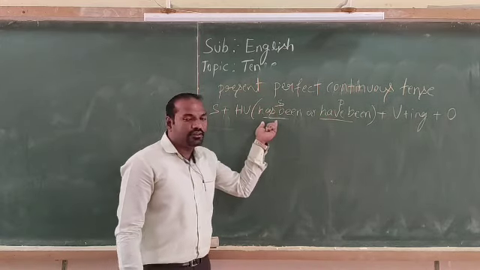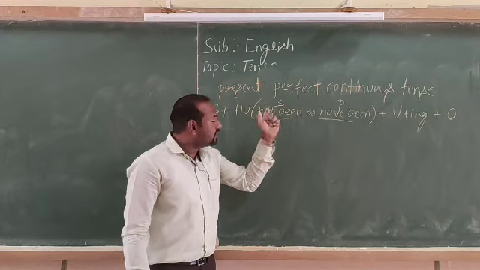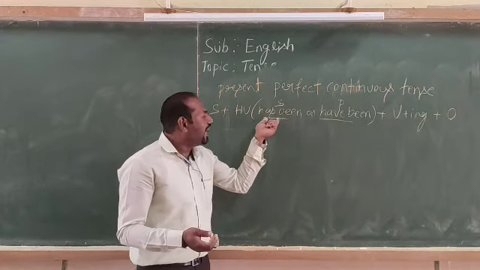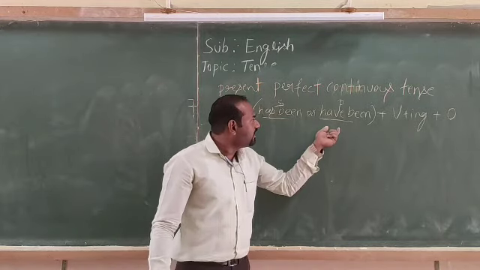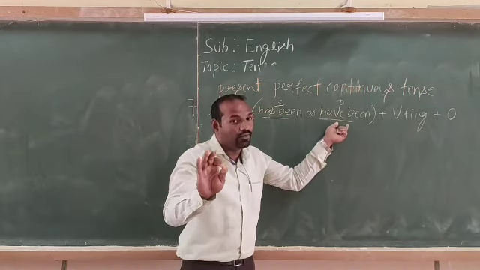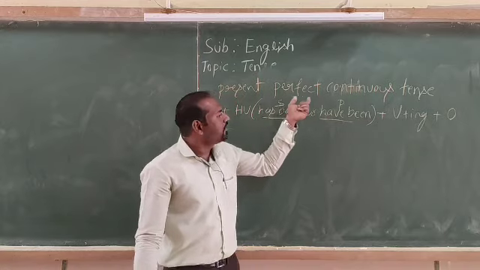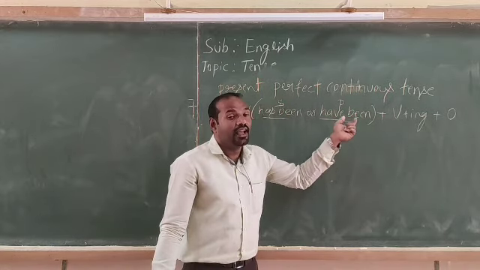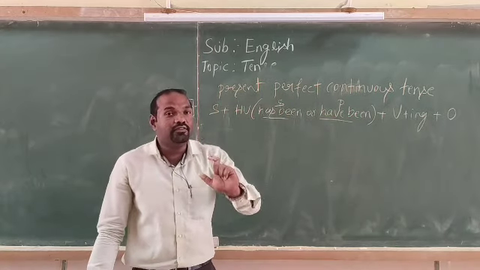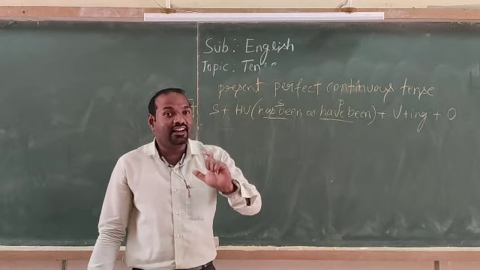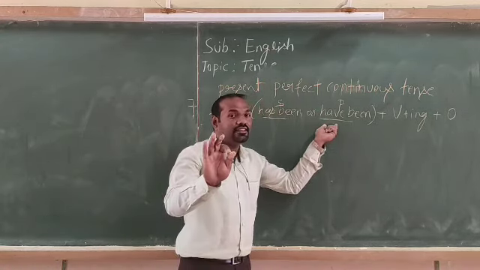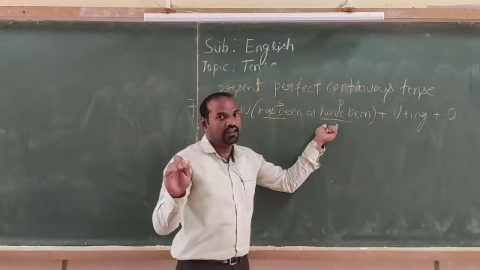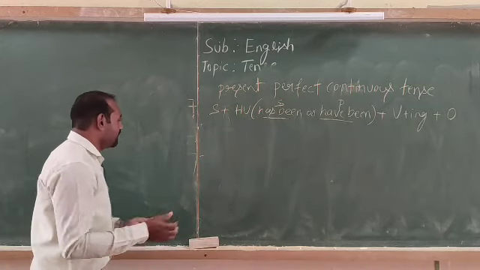If the subject is singular, we use has been as a helping verb. If the subject is plural, we use have been as a helping verb to write the present perfect continuous tense. And do remember, if the first person singular I comes, we use have been as a helping verb. Let's look into one example here.